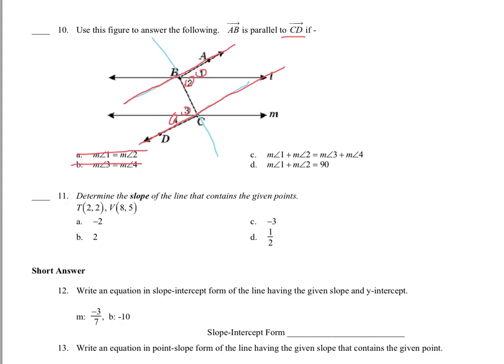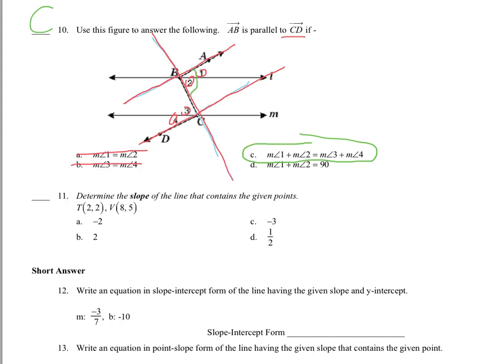And then we have the measure of angle 1 plus the measure of angle 2 should be equal to the measure of angle 3 plus the measure of angle 4. That is actually our answer, and I'll explain why. Our lines are cut by this transversal.